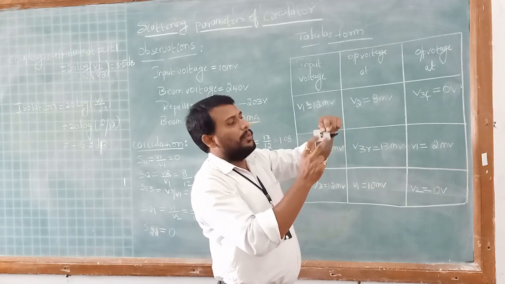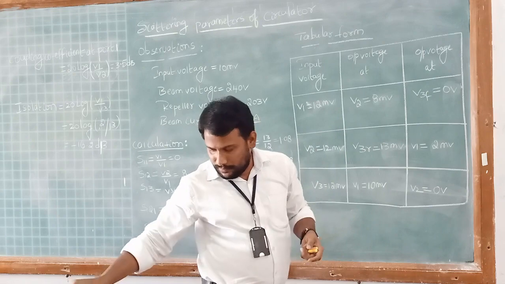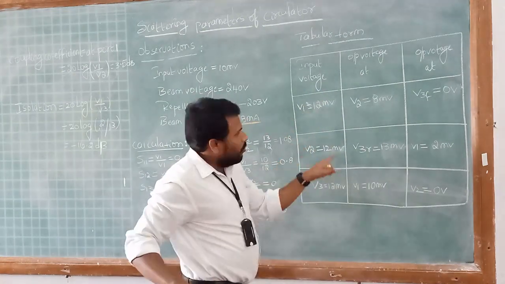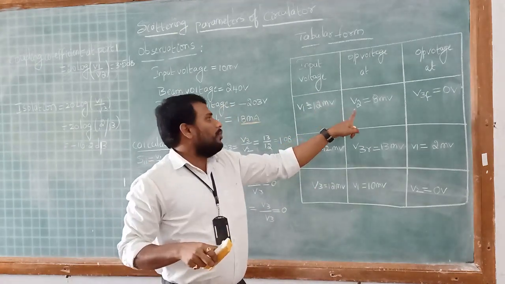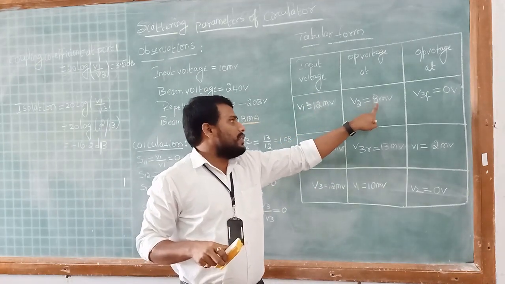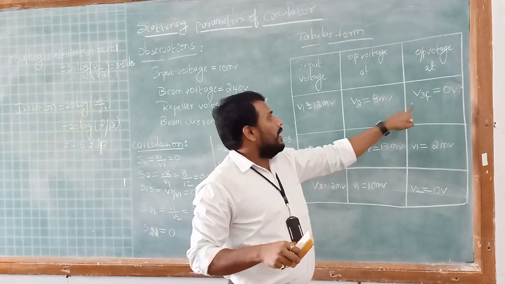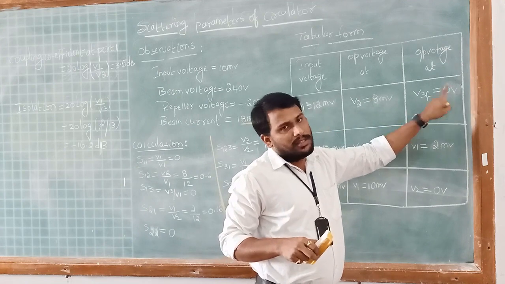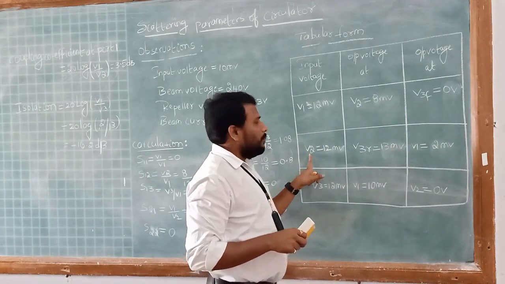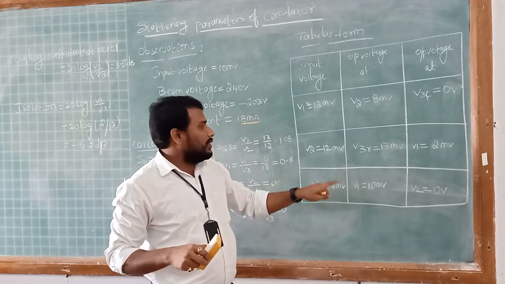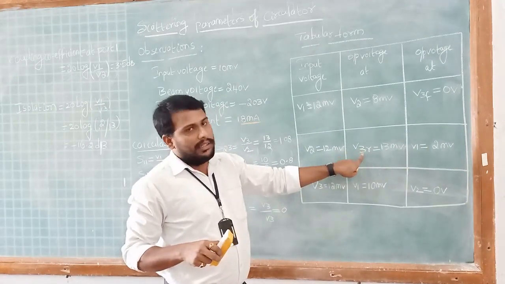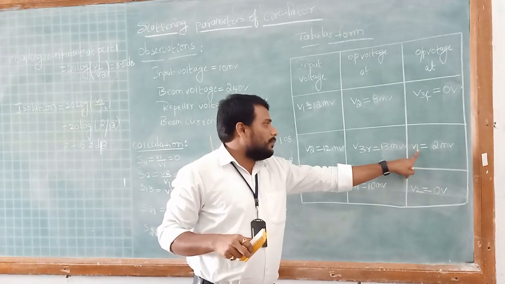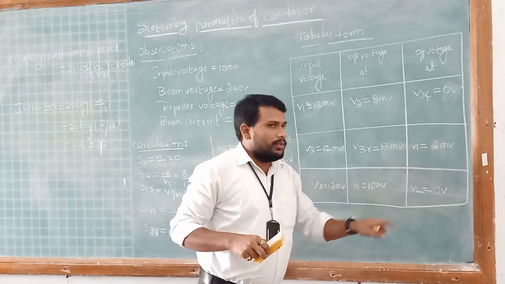So port 1, port 2 and port 3. Voltage at the input port V1 equals 12 millivolts, and voltage at port 2, V2, is 8 millivolts, and voltage at port 3 in the forward direction is 0 volts. Then voltage at port 2 is 12 millivolts, voltage at port 3 in reverse direction is 13 millivolts, and voltage at port 1 is 2 millivolts.